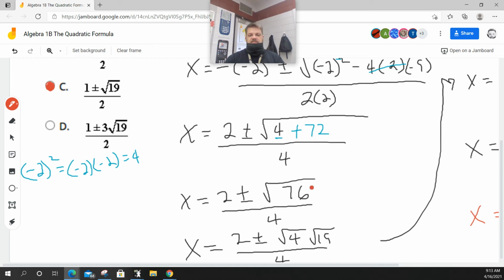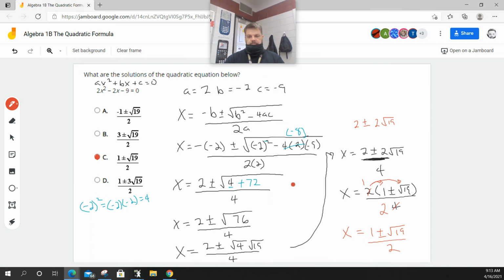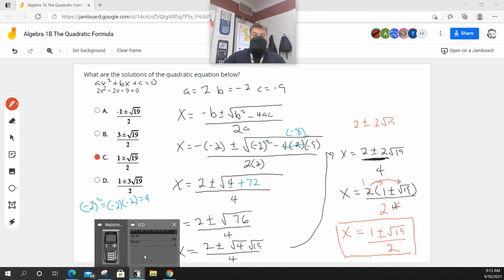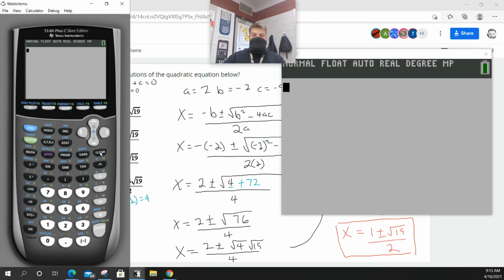Does that make sense? Let me zoom out so you can see all my work here. Now, how can I double check this? I could plug it in my calculator. I want you guys to grab your calculator and do this along with me. Clear out the screen. See this button that says program? Hit program.